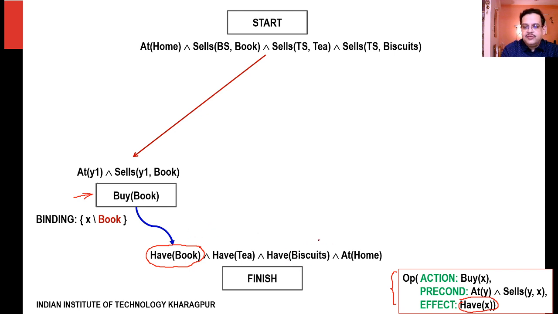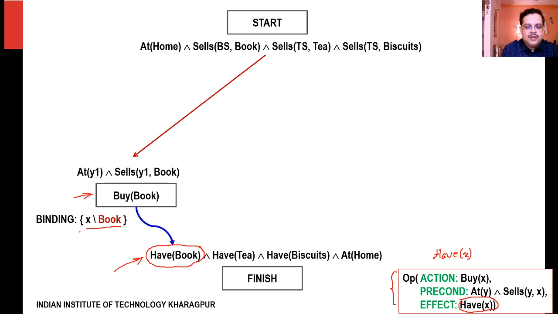Now here, this action actually has the consequent of have of x. Now this x is replaced by book here. So this is the binding. I am binding the variable x to book because I am interested in have book. So I will replace x with book.